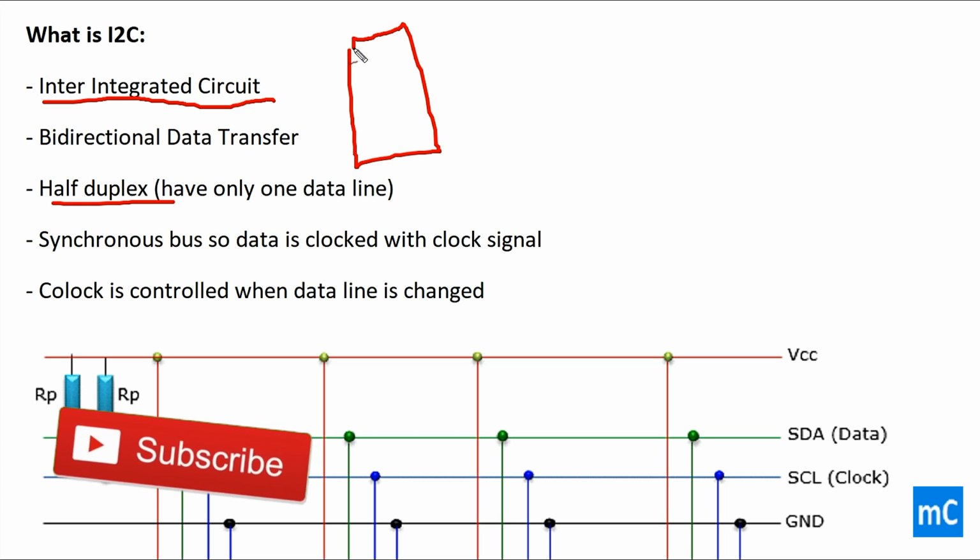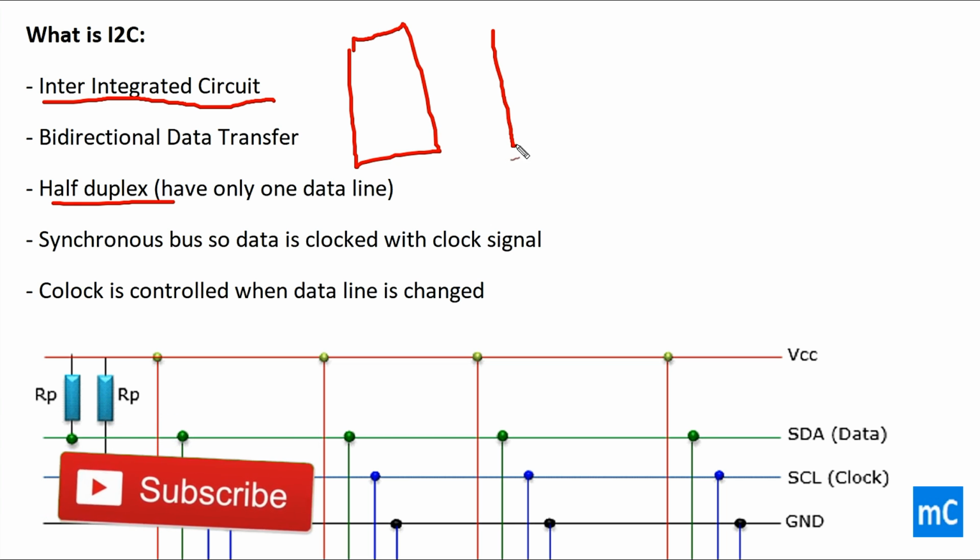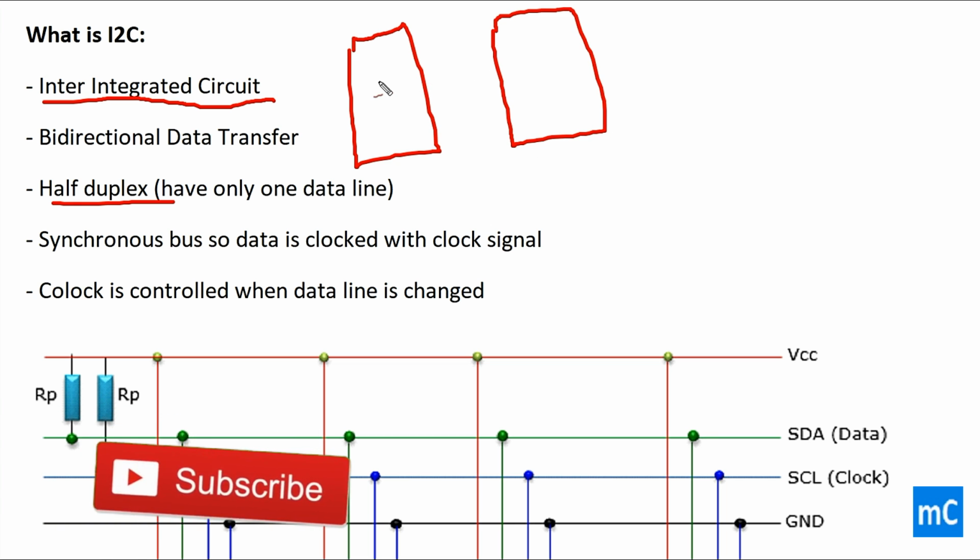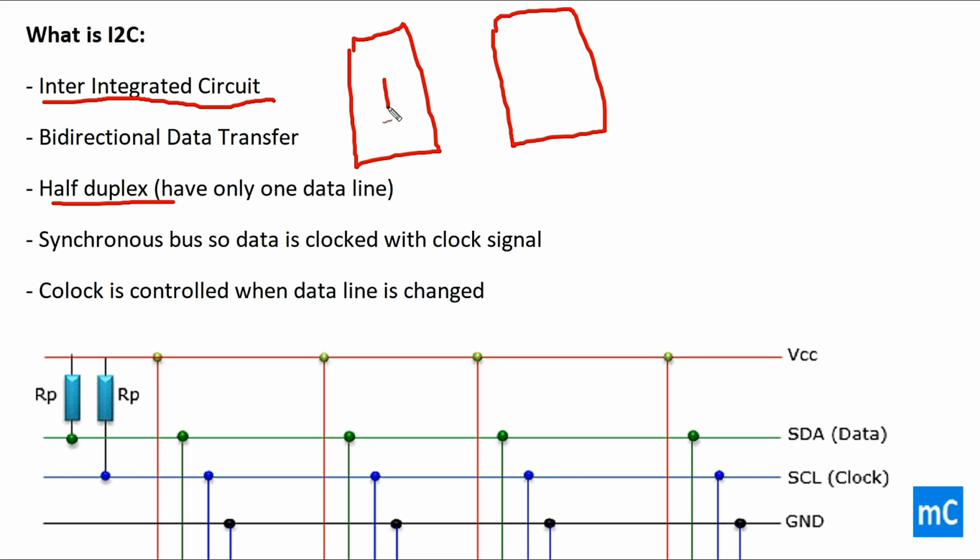Half duplex means that the data can be transferred from one medium to the other medium with a single line. The data transfer can happen from 1 to 2 or 2 to 1.